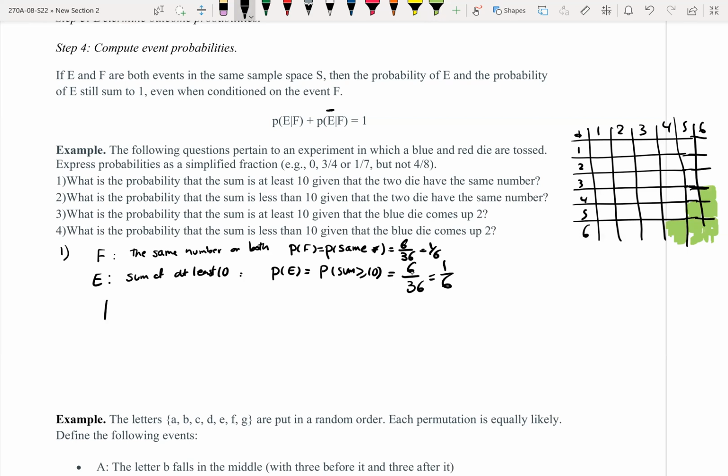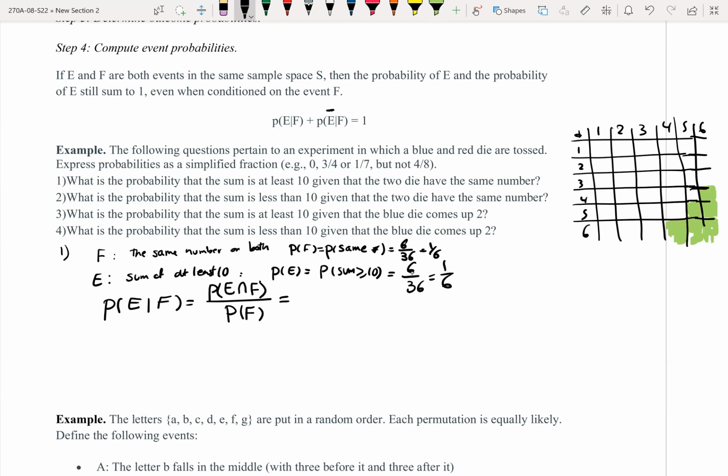So if you want to write the conditional probability, what is it? The probability that the sum is at least 10, which is E, given that the two dice have the same number, so given F. It's going to be the probability of E intersection F divided by the probability of F, the denominator.